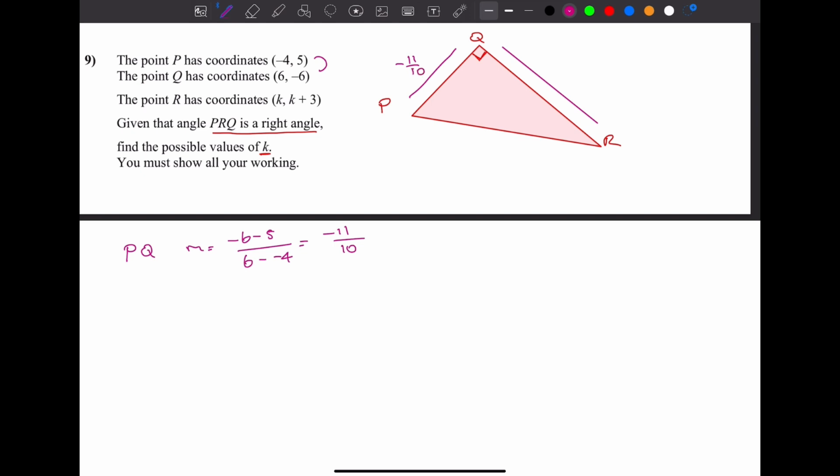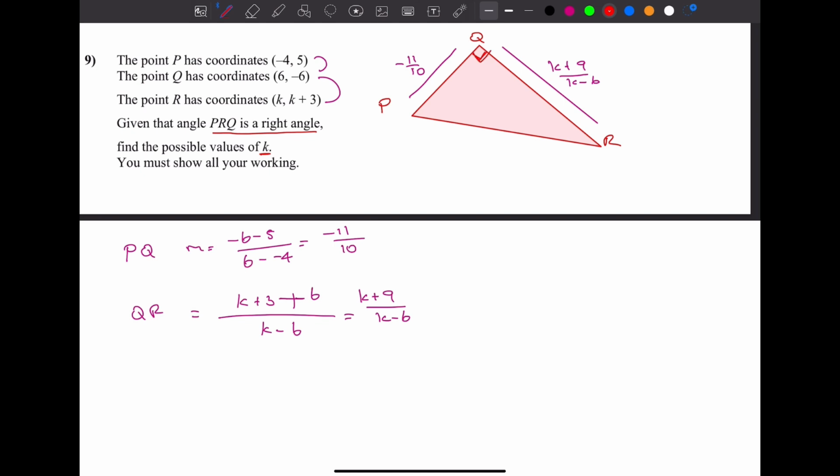What is the gradient of QR? Q to R. So the QR gradient is K plus 3 minus, what number? Minus 6 over K minus 6. Now, this one is an add, so that's K plus 9 over K minus 6. Now if you think about it, these two gradients are perpendicular because of the right angle.